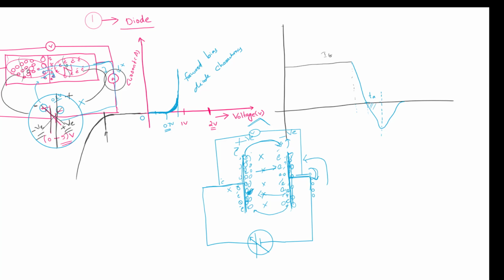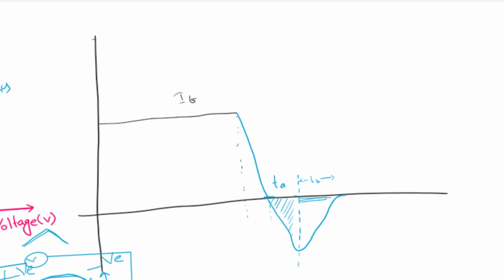And they took this as TB. TB means the time taken from extreme negative to not completely 0, say till this point, like 1/4 of this thing. This is TB.